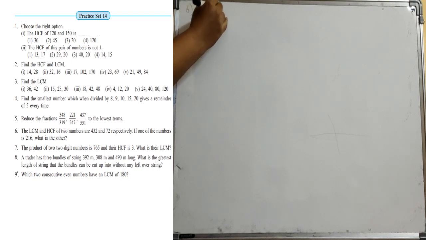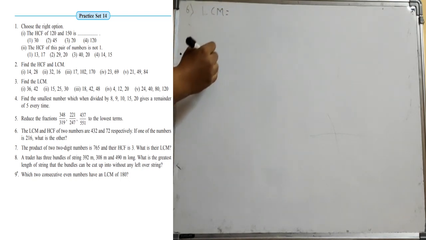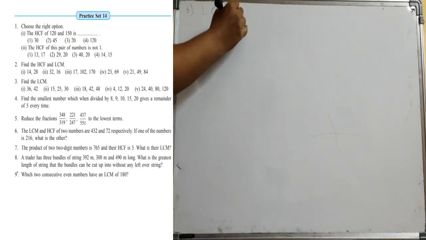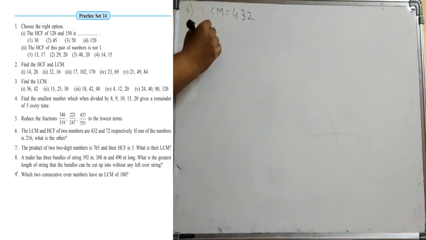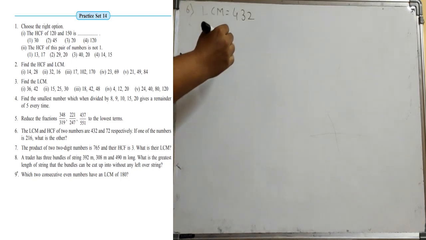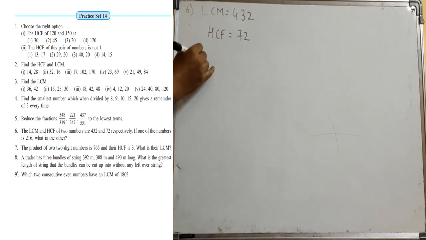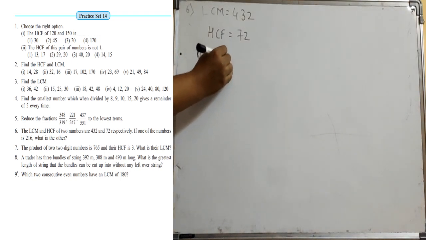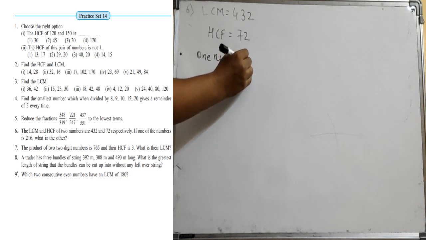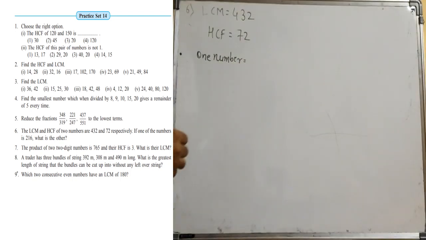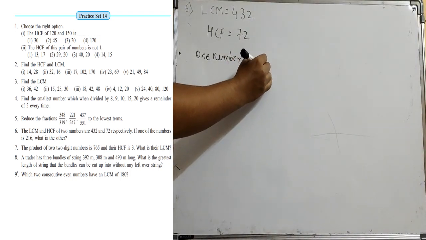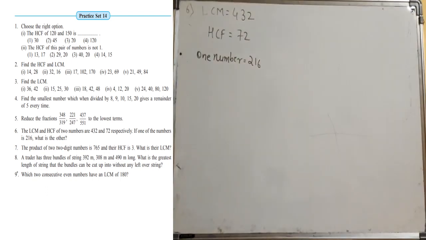LCM is equal to 432 and HCF is equal to 72. They have said one number is 216. You have to find the other number.